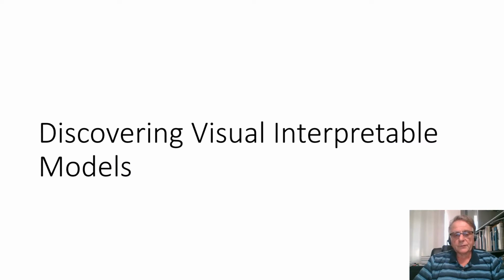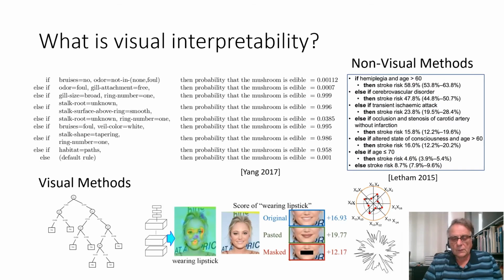This section is about discovering visual interpretable models. Now we need to talk about what visual interpretability is. You see traditional textual explanation on the first row and visual explanations at the bottom. In visual methods, the decision tree is the best illustration of the idea of visual explanation.